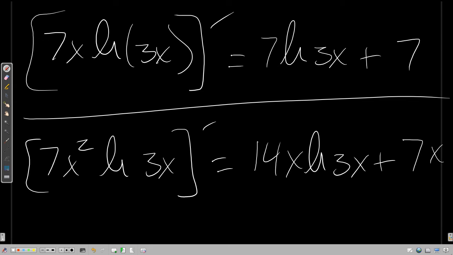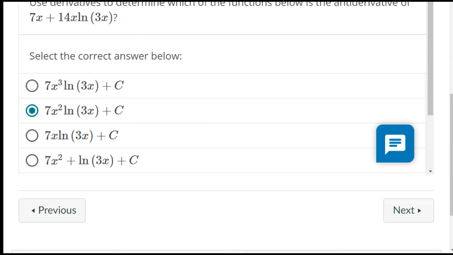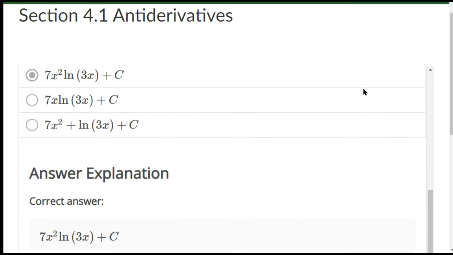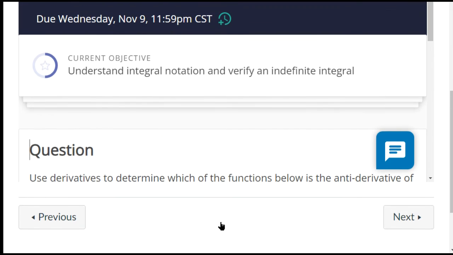Is that right? Yeah. As you can see. Alright, cool. And these are antiderivatives.